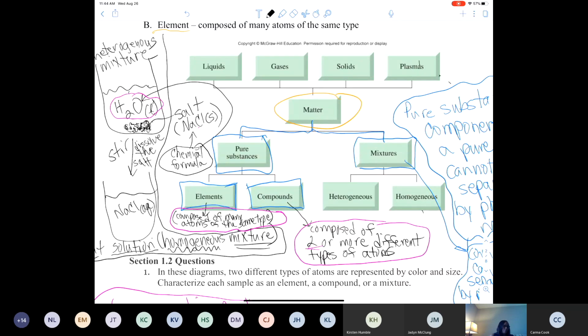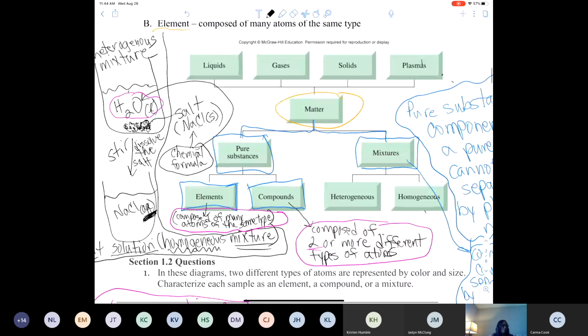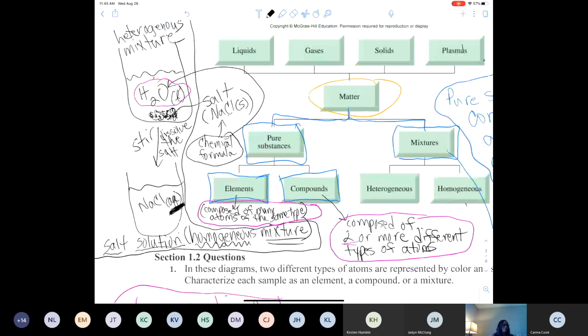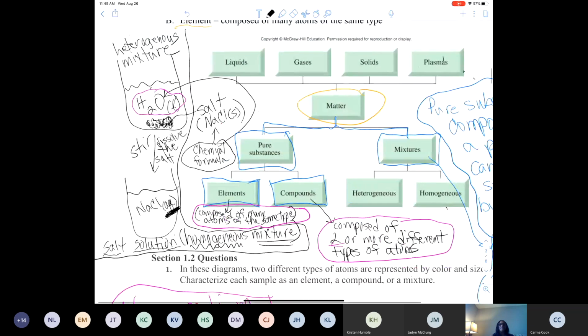So now I have what's called an aqueous solution of salt. And that's what that symbol aq here stands for. Aqueous. Because now my salt is completely dissolved in the water. So I still have a mixture, but now the mixture is homogeneous, whereas before I stirred, it was heterogeneous.